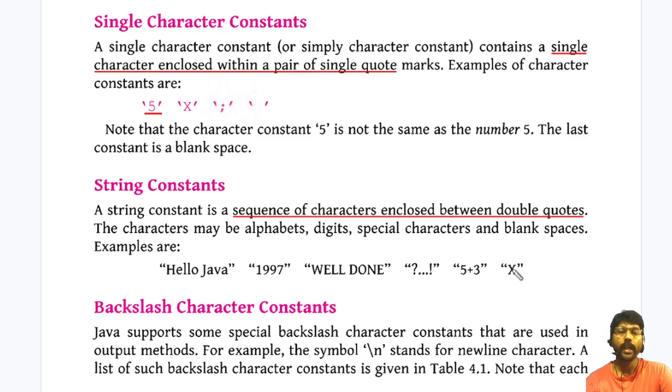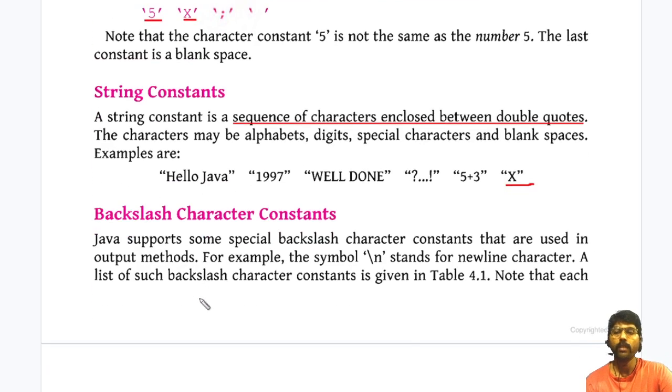Remember, a character constant is surrounded by single quotes. String constants are surrounded by double quotes. This x is different, remember. Now, in a string, we can have any alphabets, digits, some special characters, or some blank spaces.